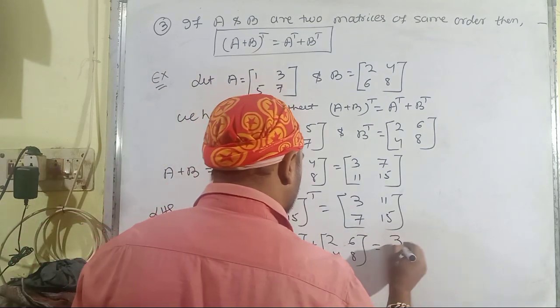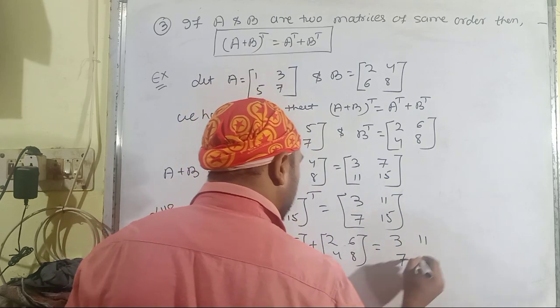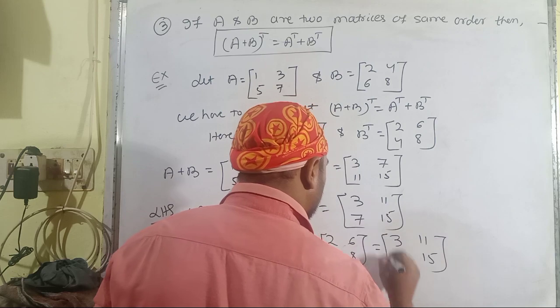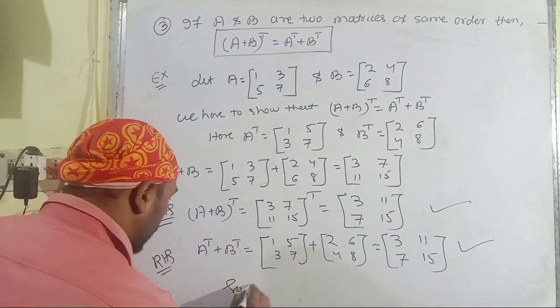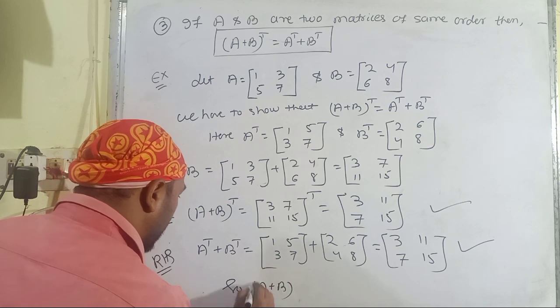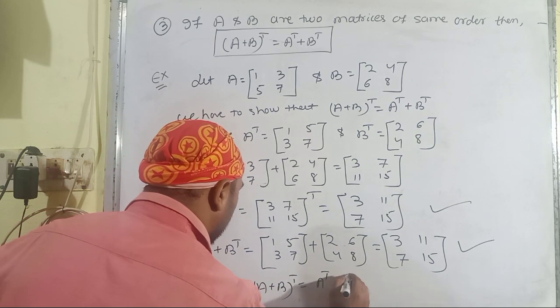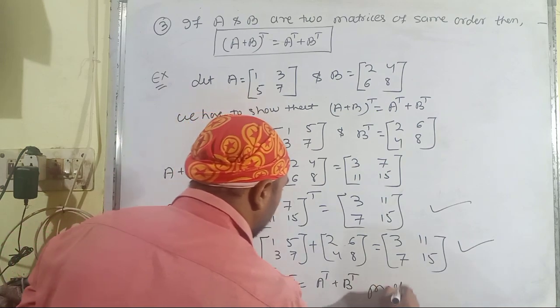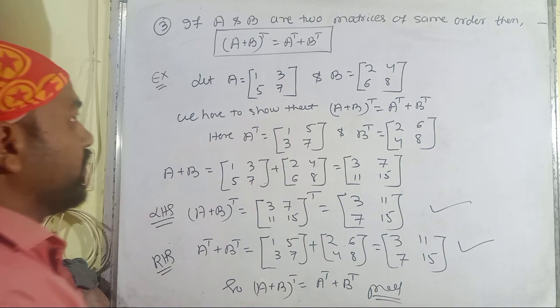So it is 1, 2, 3, 5, 6, 11. Then it is 3, 4, 7, 7, 8, 15. And you can see that these two matrices are equal with each other. So the transpose of A plus B is equal to the transpose of A plus transpose of B. So here it is the proof of property number 3.